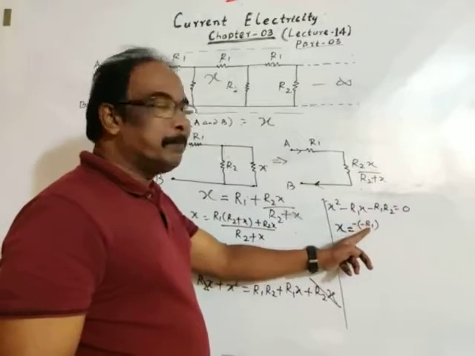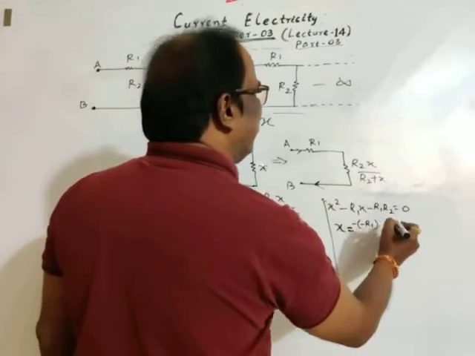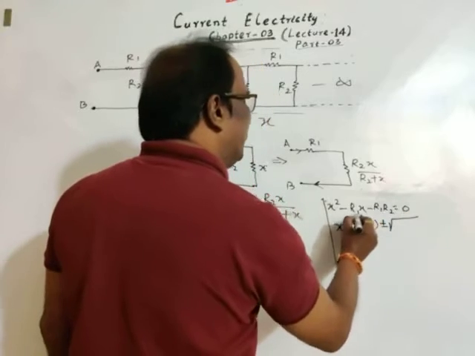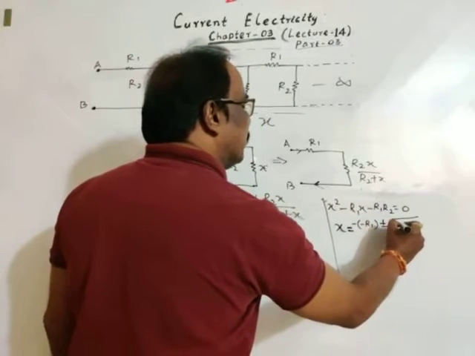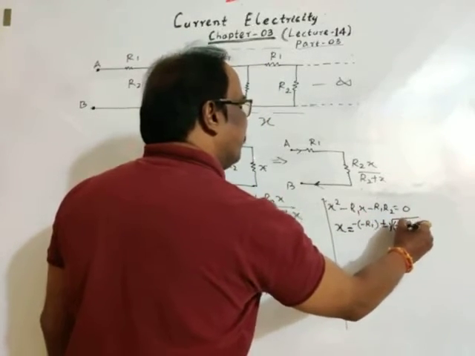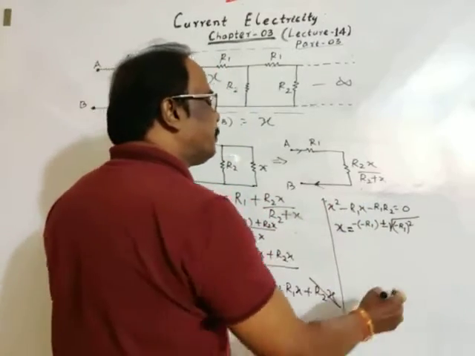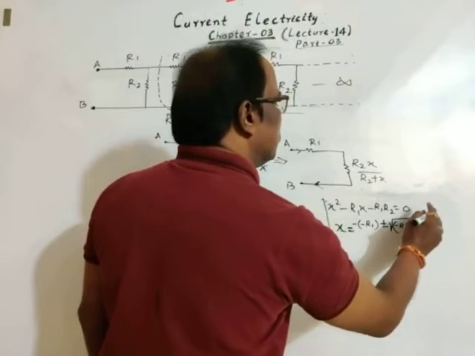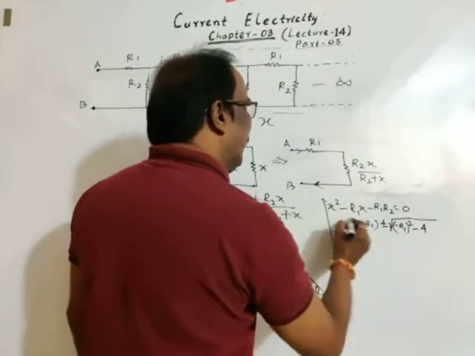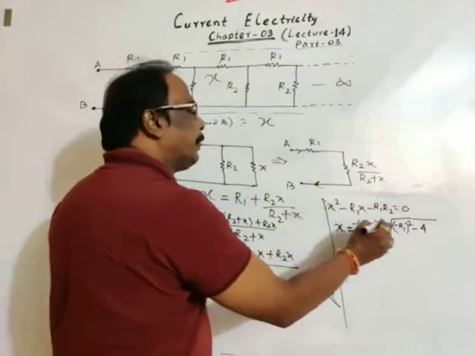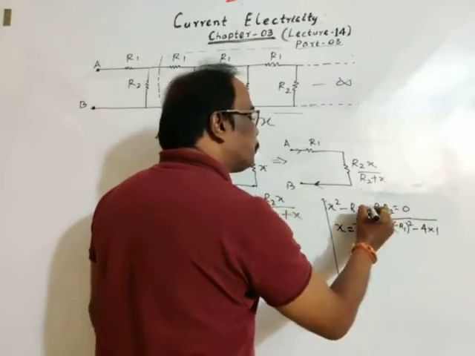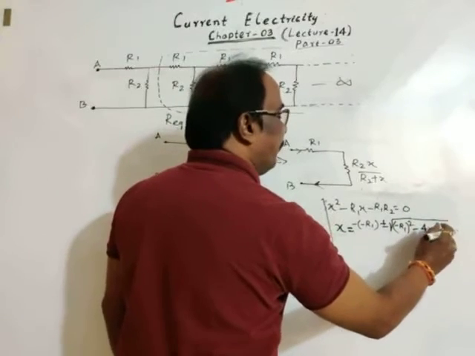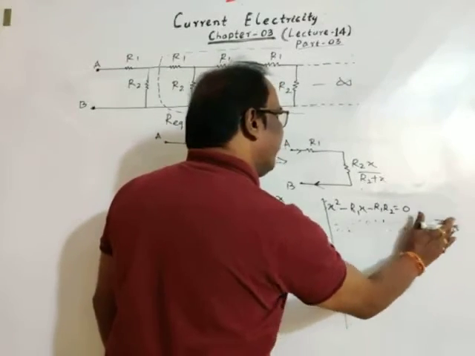B squared means minus R1 squared. Here A is 1, the coefficient of X squared, and C is minus R1 R2, so 4 into 1 into, I'll write here.